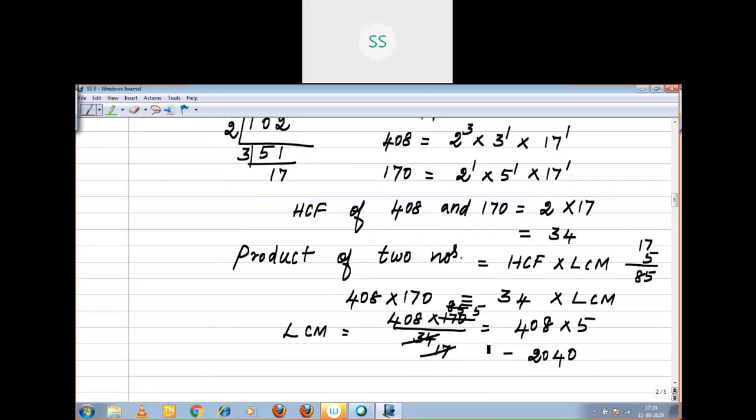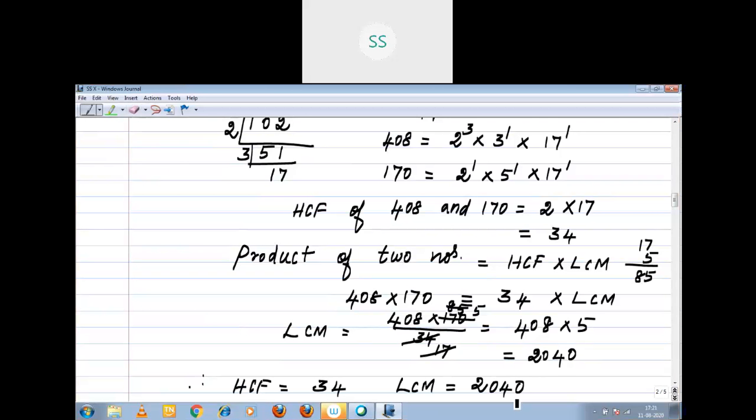Now you see. Therefore HCF equals 34, LCM equals 2040. Got it, children?